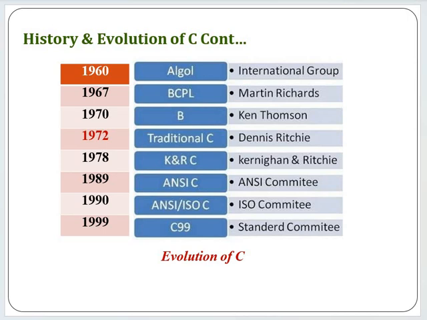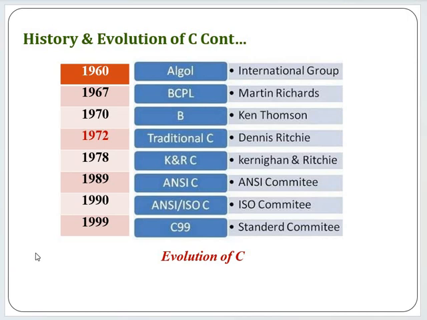And in 1978, K and R C, the publication of The C Programming Language by Kernighan and Ritchie, standardized the language and popularized its use. In 1989, ANSI C, the American National Standards Institute, formalized the C language, ensuring consistency and compatibility across different implementations. In 1990, ANSI/ISO C, the International Organization for Standardization, adopted the ANSI C standard, solidifying its global recognition.